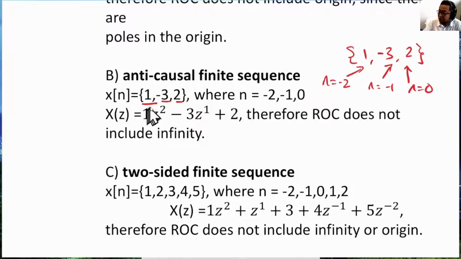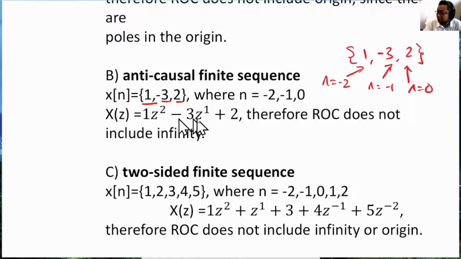So we only have 3 values in the sequence, and the indexes correspond here. We perform the Z transform. Those elements on the left of the origin will get positive powers in z because there's a negative n here. So 1z^2 is this coefficient, minus 3z^1 is this coefficient, and 2 with z to the power of 0 is this coefficient for the polynomial of X(z).